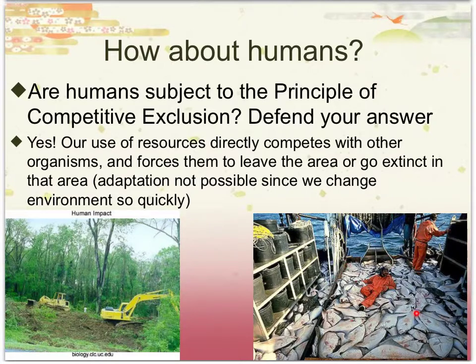For instance, here with the fishermen, if you were a larger animal or a predator of those same fish, you're getting outcompeted by these fishermen, and you either must somehow leave the area or you're going to go extinct because adaptation doesn't take place quickly enough to meet the change in the environment that we're creating. The fish that eat these fish can't possibly adapt fast enough to learn new behaviors or anything like that. Remember, adaptation takes many generations.